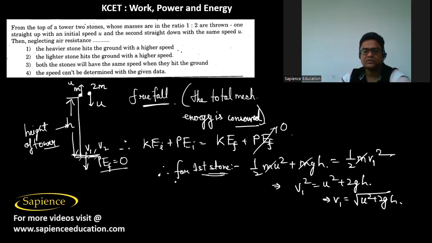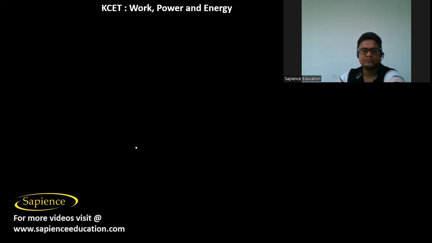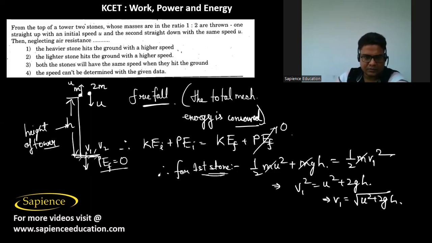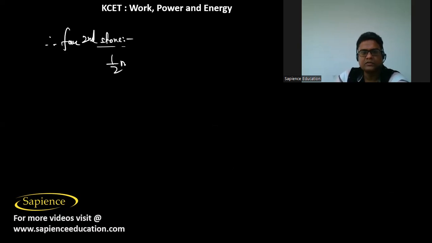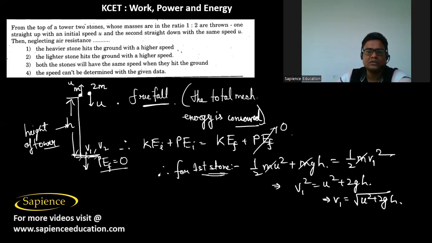Similarly, for the second stone, we can say that the initial kinetic energy is half mu square again. Since kinetic energy is a scalar quantity, it is independent of the direction of velocity.